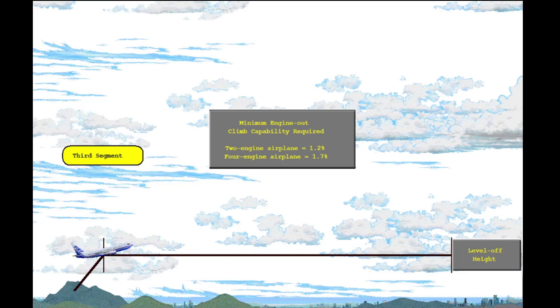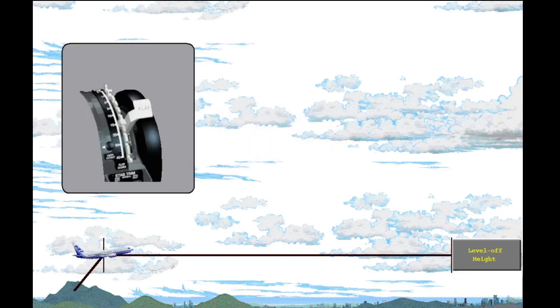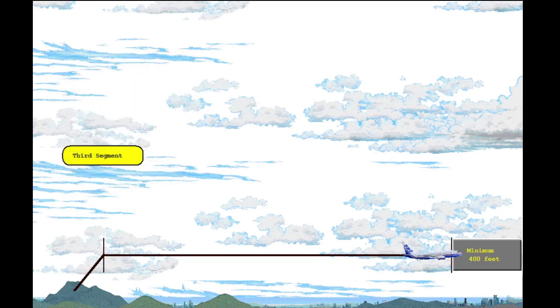At 1.2%, the rate of climb would be 200 feet per minute at an airspeed of 164 knots. During the third segment, the flaps are retracted to the lower settings as the airplane accelerates through the flap retraction speed schedule. The absolute minimum level-off height, the FAR minimum, is 400 feet above ground level.